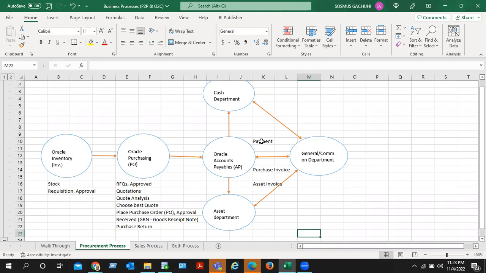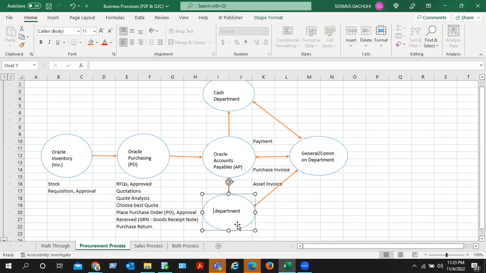Basically, the primary task of Oracle Accounts Payable is to maintain the purchase invoice, do the payment, and also share the asset invoice details with asset management. Of course, we also have an application for the asset department. Under the asset department, we have an application called Oracle Fixed Asset, abbreviated as FA.